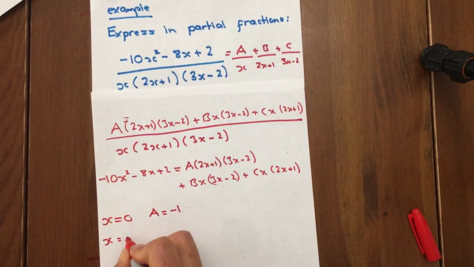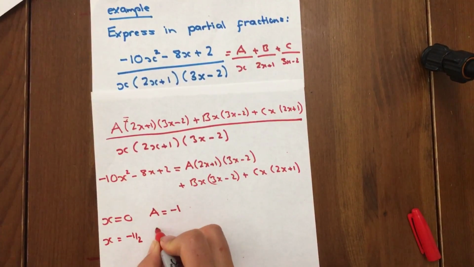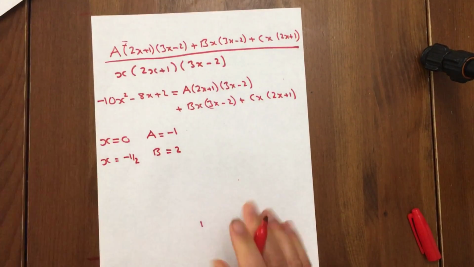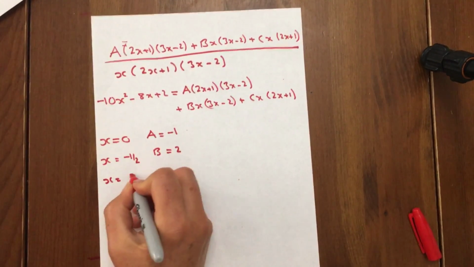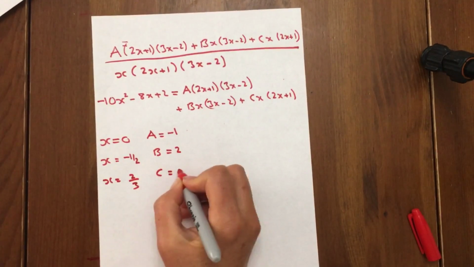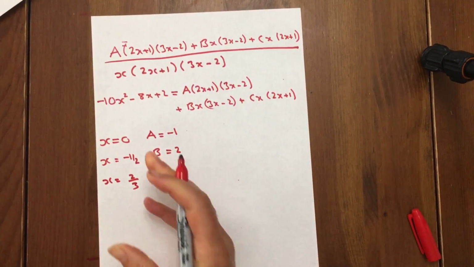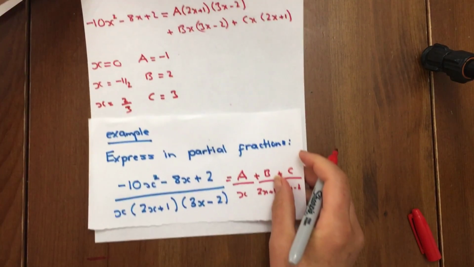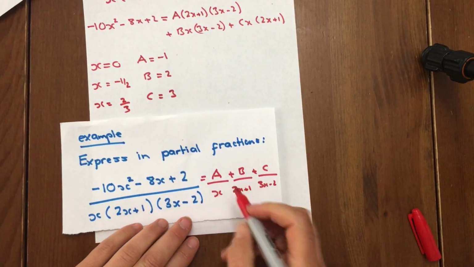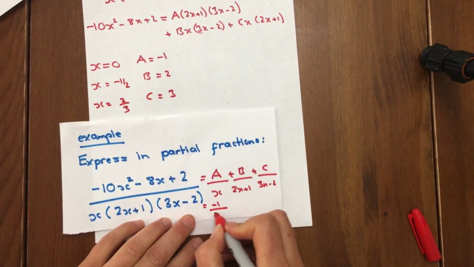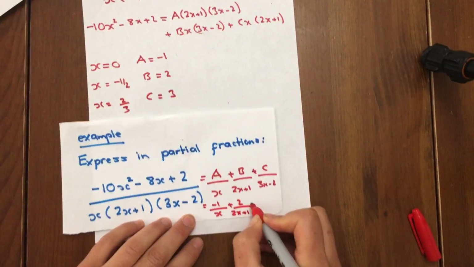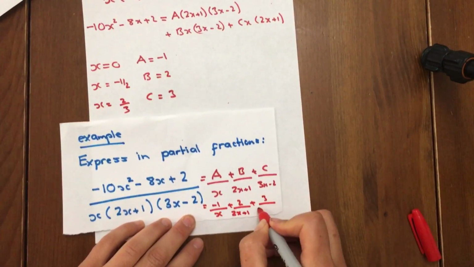If I put x equal to -1/2, I will get b to be equal to 2. And if I put x equal to 2/3, I'll get c to equal 3. So I just put those back into my original equation, and I'll have a equal to -1, b equal to 2, and c equal to 3.